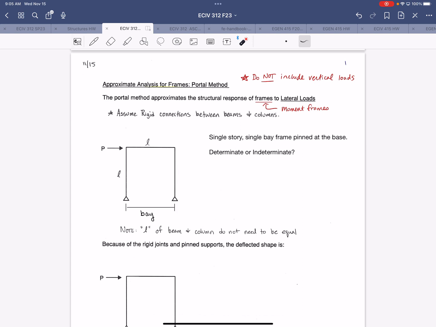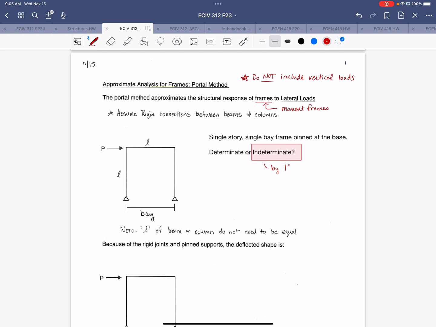Yeah, because you have 4 reactions, 3 equilibrium equations. So it's indeterminate by 1 degree. And remember, the whole purpose of approximate analysis is to make simplifying assumptions that allow us to treat indeterminate structures as determinate structures for our initial estimates, right?